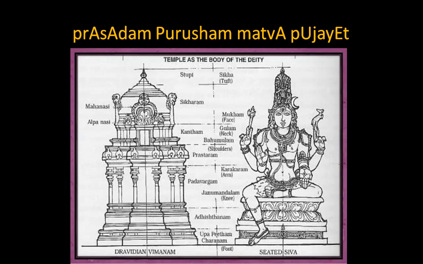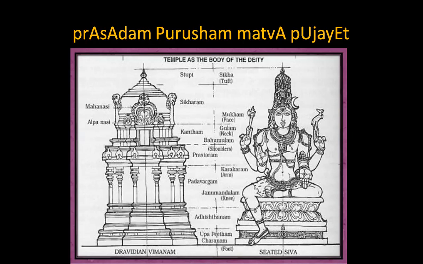Uram is chest, and Nabhi is the belly button. Padavargam Karavaram Prastaram Bahumulyakam: the Padavarga's end portions of the wall are like the hands, the Abhayavarada Hastas, and the Prastara is like the shoulders.